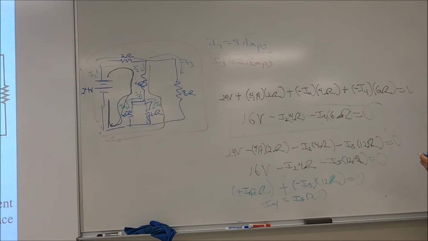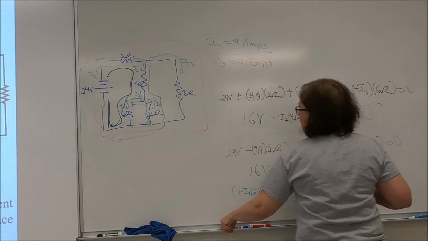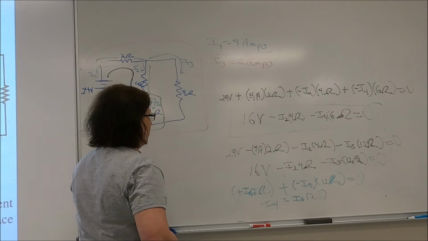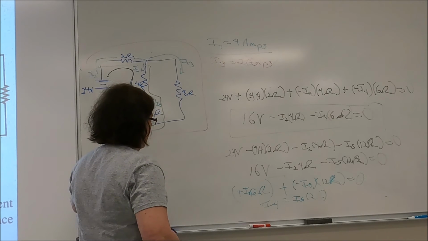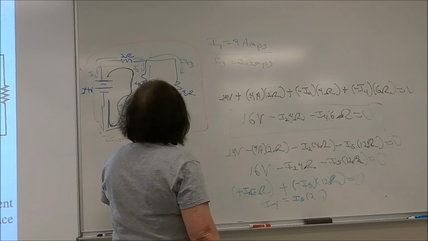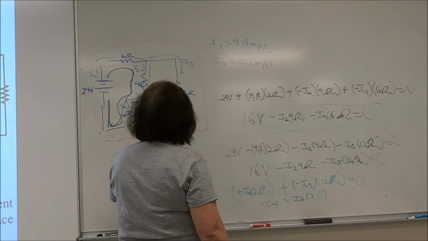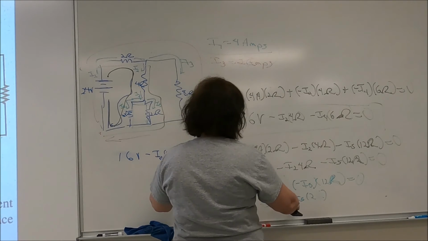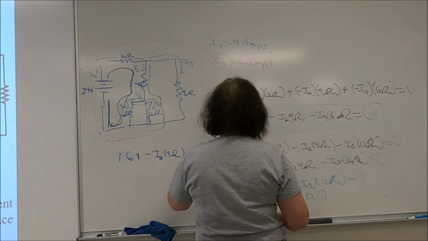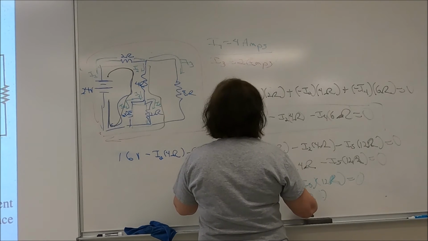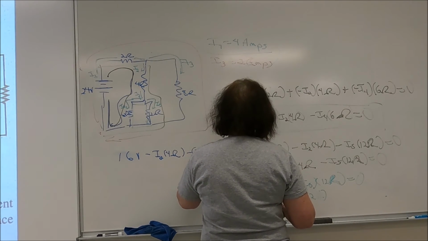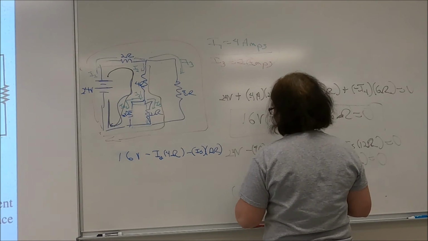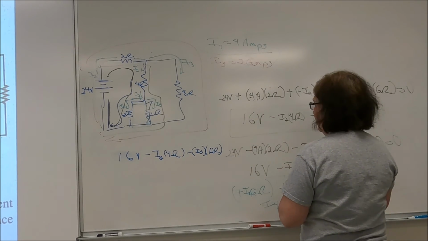Okay, so I can look at my equations here. I have 16 volts minus I2 times 4 ohms minus, and I'm going to use I5 times 2 times 6, 12 ohms, substitute in there.